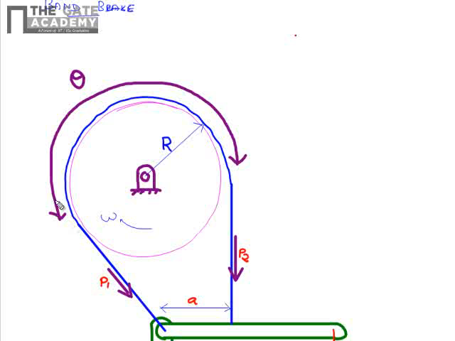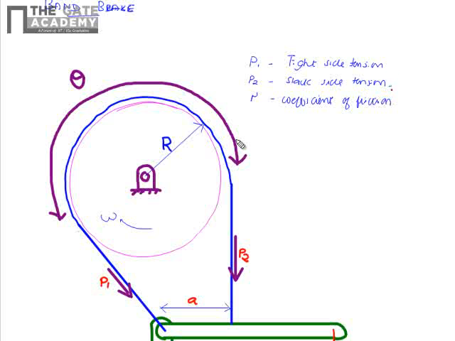The portion of the drum over which the strip is in contact with the drum is called the angle of wrap.